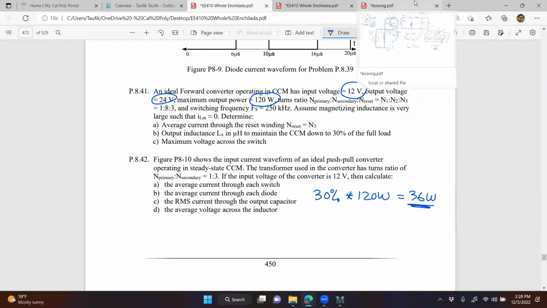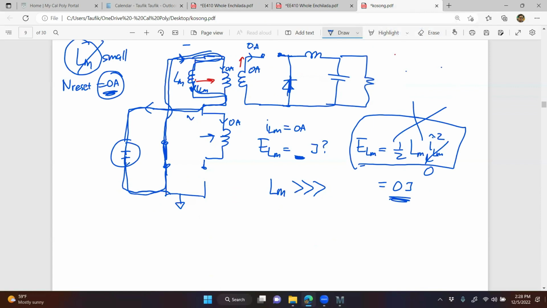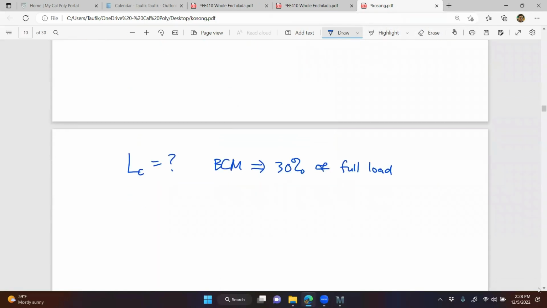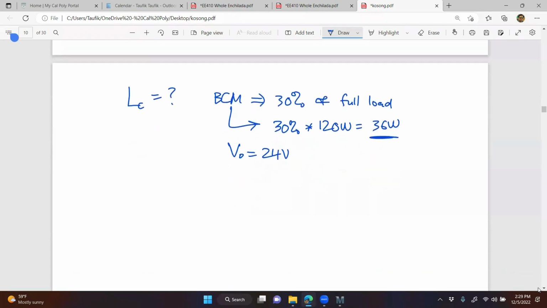And then we have the output voltage, which is 24 volts. So 30% of 120 watts is 36 watts at BCM, and V out is 24 volts. From here, I can get I out.